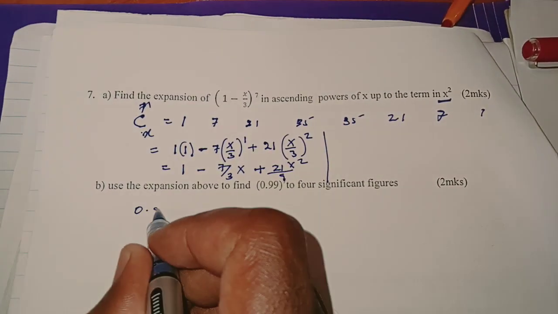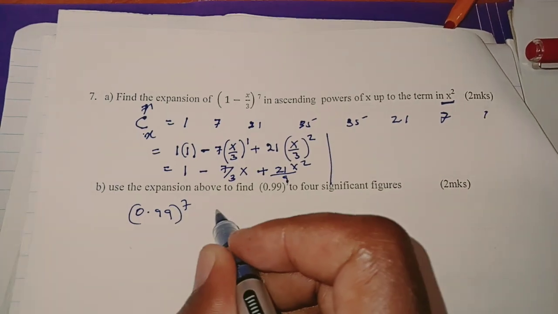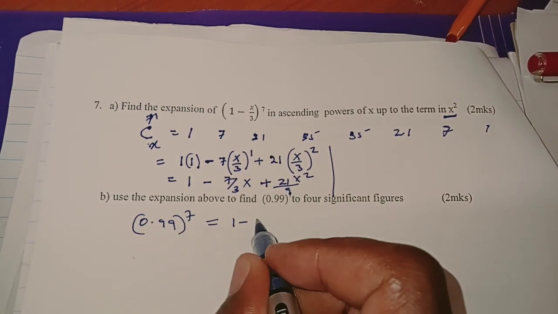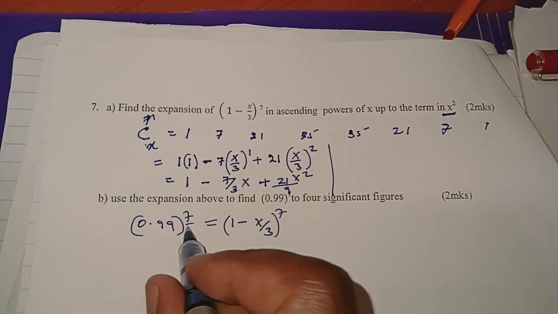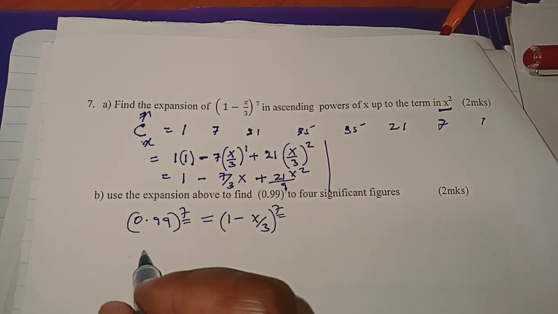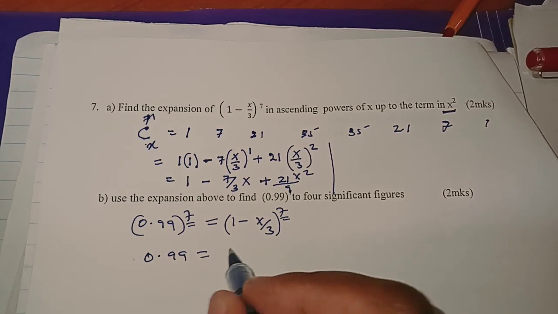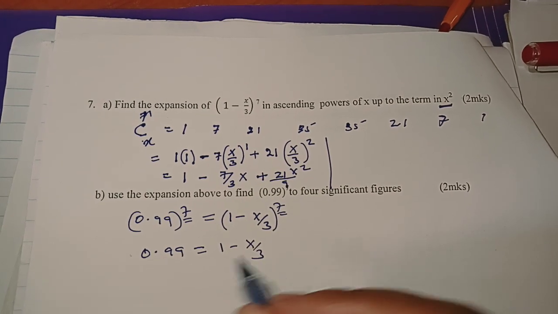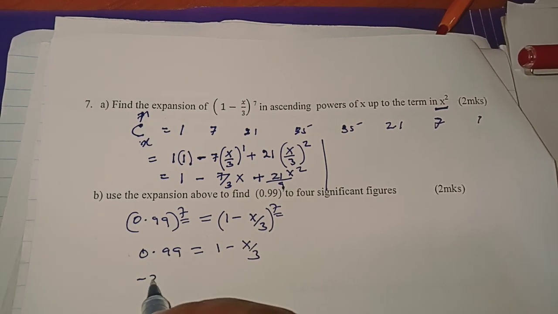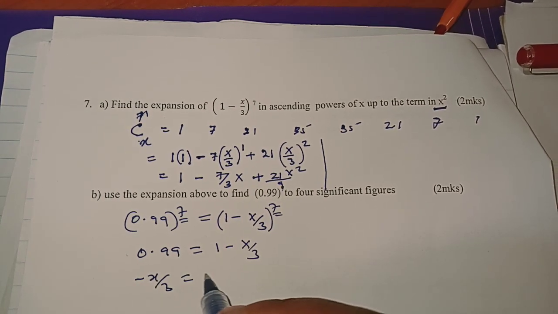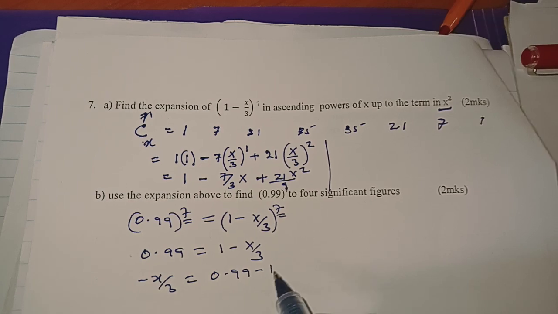Exactly. So we now use that expansion down here. We take 0.99 to the power of 7, and we equate this to (1 minus x over 3) to the power of 7. Because now the powers are the same, we take the numbers in the parentheses and we equate so that we solve for the value of x. So this gives me minus x over 3 is 0.99 minus 1.